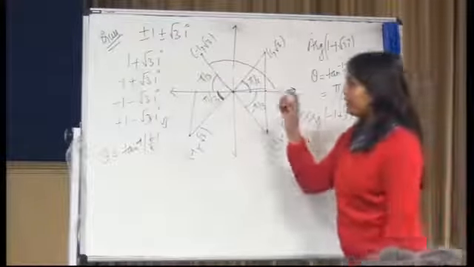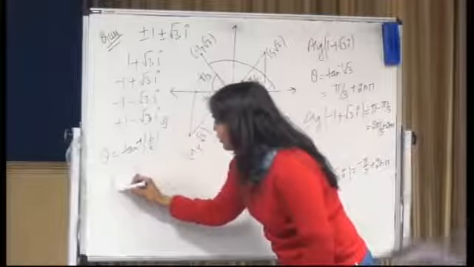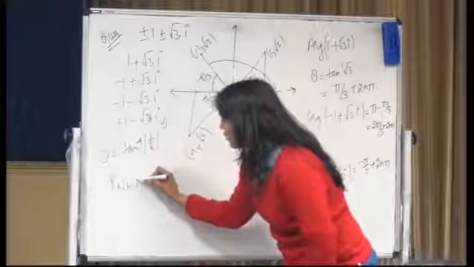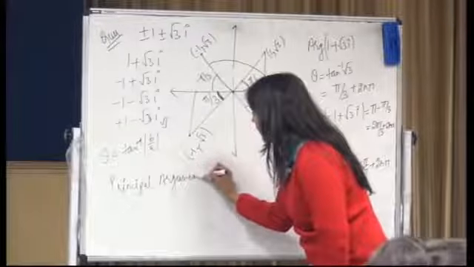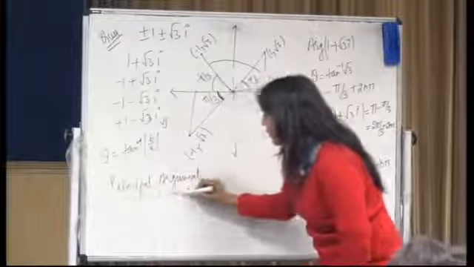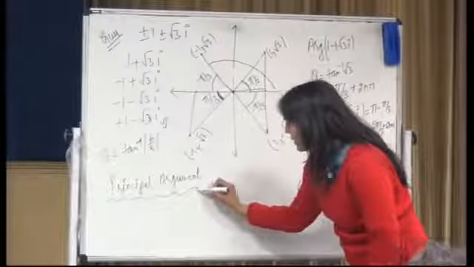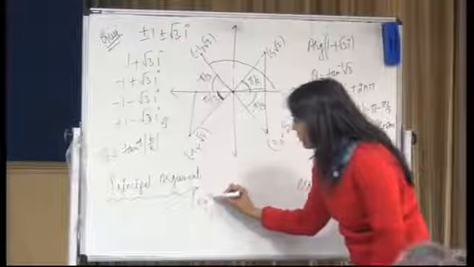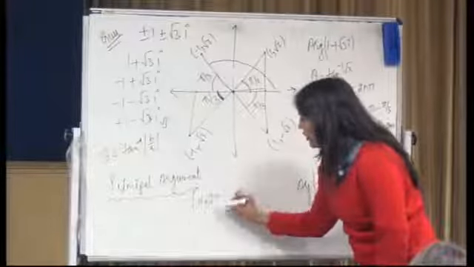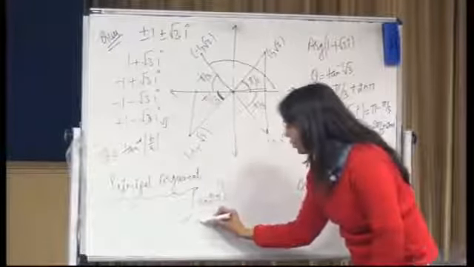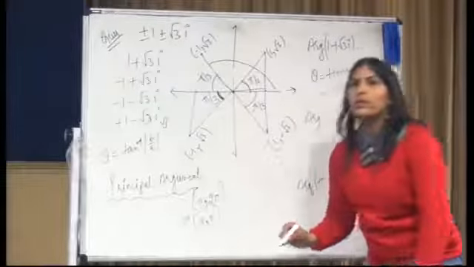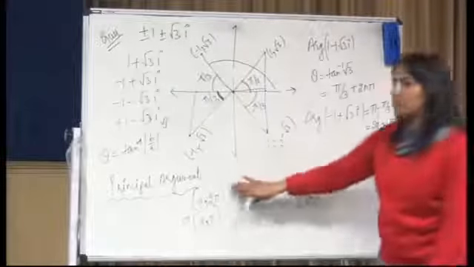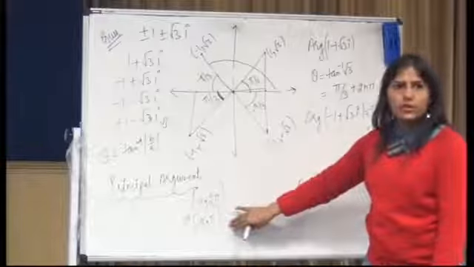But basically na, here I just write one principal argument. I just add one point, that is actually generally important thing. So principal argument basically means that we basically want the angle between 0 to 2 pi or minus pi to plus pi. Basically whenever we calculate argument na, we keep our answers between these limits only.